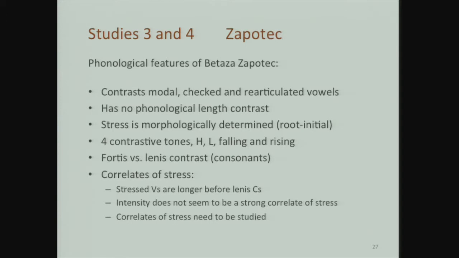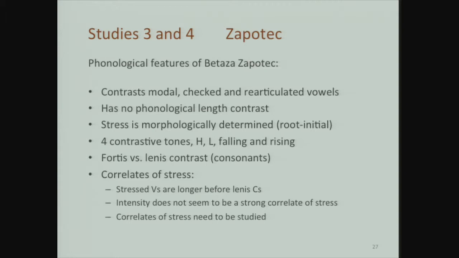We do have, however, a consonantal contrast between Fortis and Lenis consonants. Now, what might be important is that if we're talking about correlates of stress, we actually don't know precisely what the correlates of stress are, because very little work has been done.